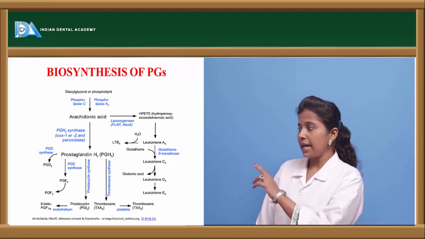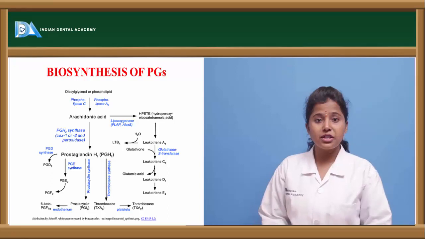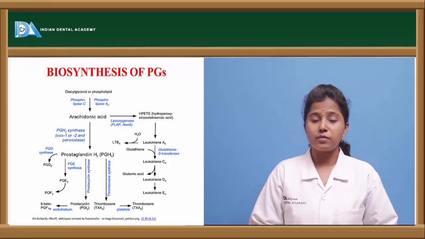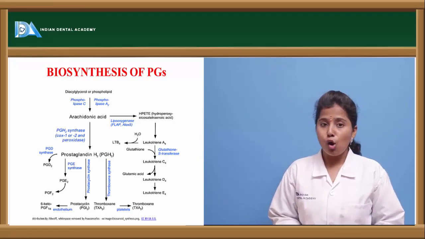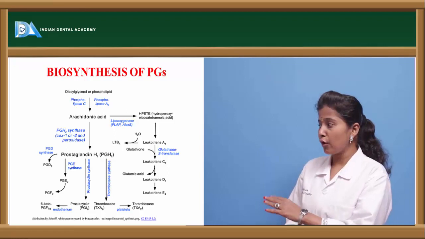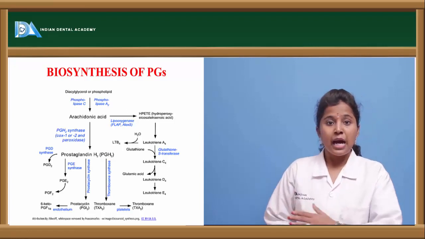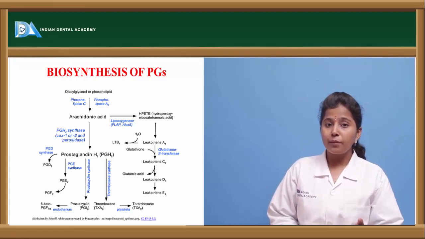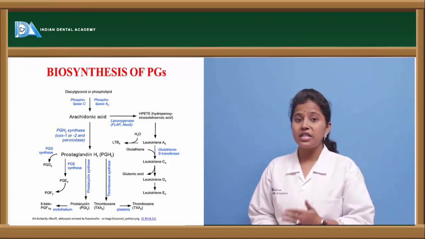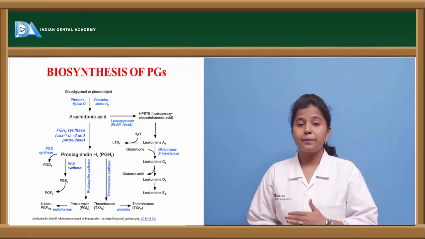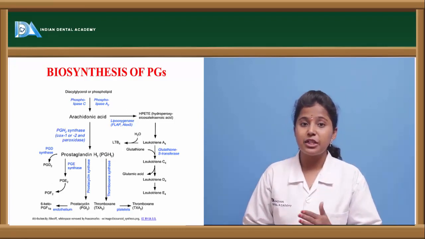If we see arachidonic acid, when the cyclooxygenase enzyme acts, and this COX enzyme is present in two forms, COX-1 as well as COX-2, it forms prostaglandin H2. From this prostaglandin H2, PGD2 is formed by the action of an enzyme called PGD synthase, and PGE2 is formed by the action of the enzyme called PGE synthase.